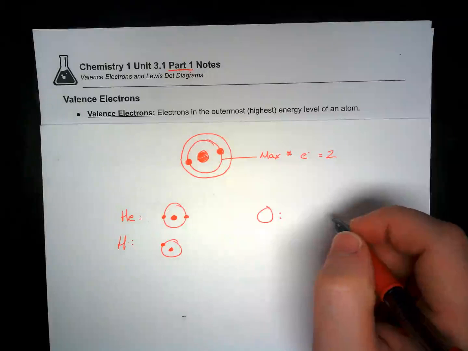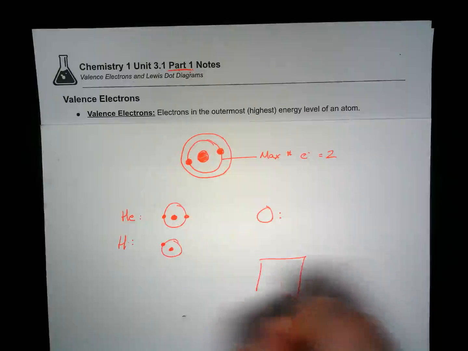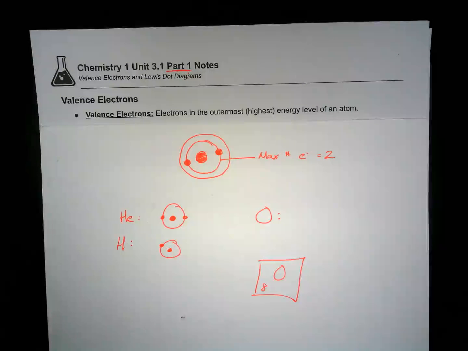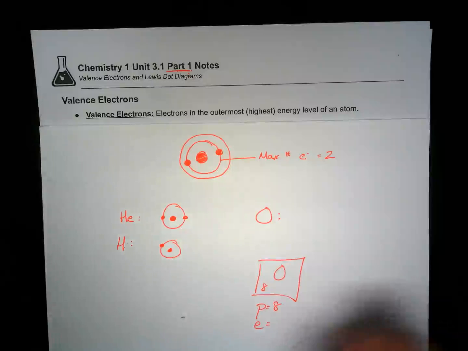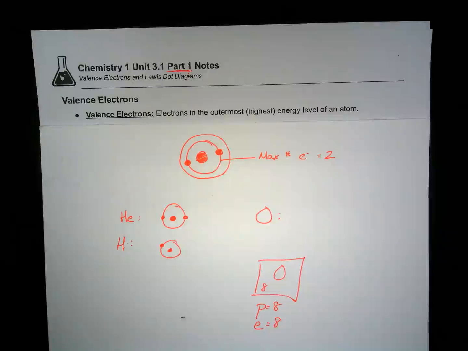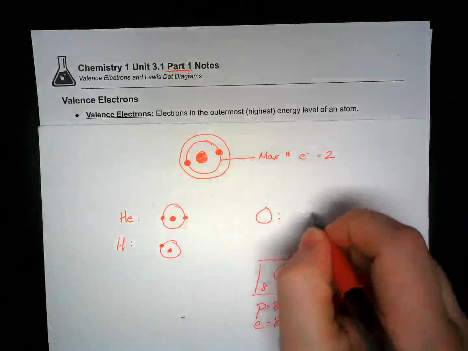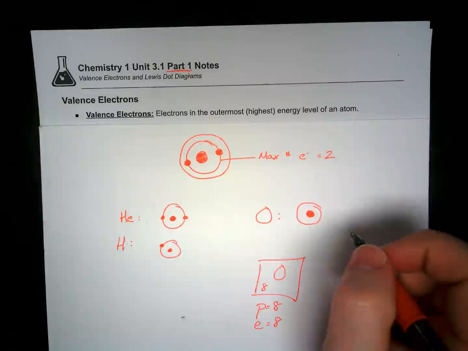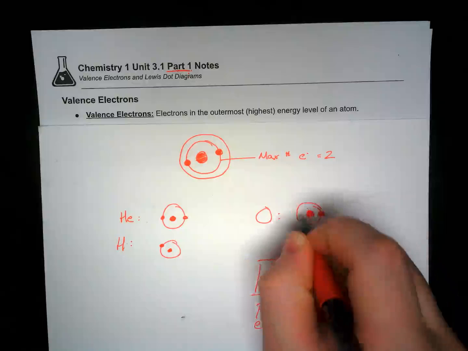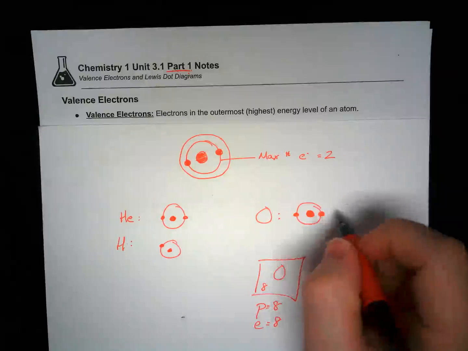If I look at oxygen on the periodic table, its atomic number is 8, so that means it has 8 protons. So if it's not an ion, I should expect there are 8 electrons as well. If this is my nucleus, remember the max that the first shell can hold is just 2. So I've got 2 electrons.